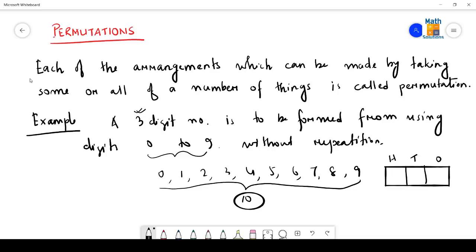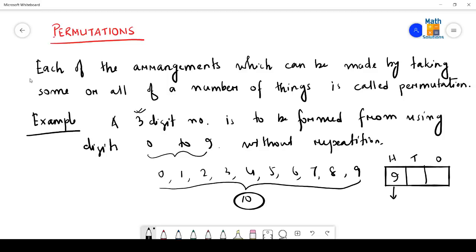We all know that in a 3-digit number, if I put 0 in the hundreds place, it will ultimately become a 2-digit number, because in the hundreds place of a 3-digit number, 0 is meaningless. So apart from 0, the rest of the numbers we can use. So there are 9 possible ways of putting the digits in the hundreds place.